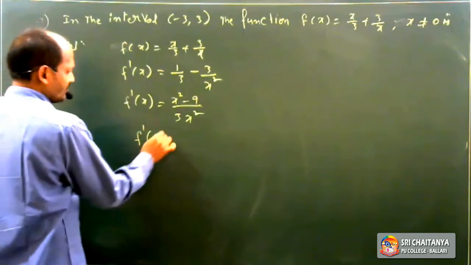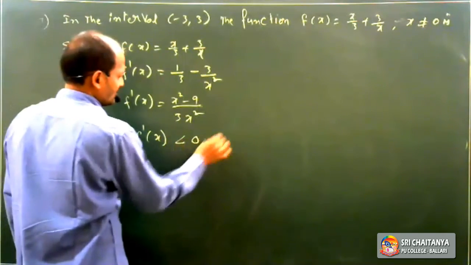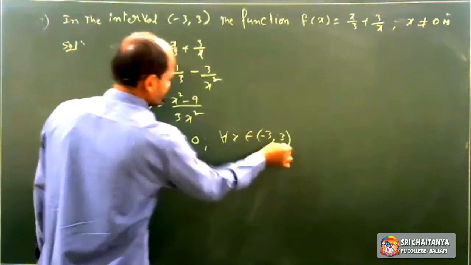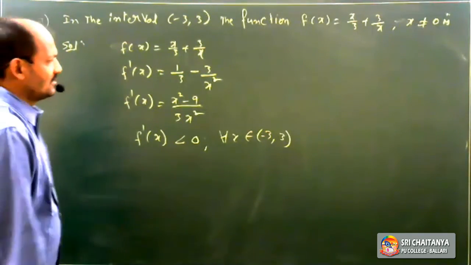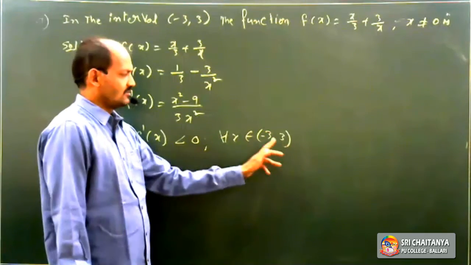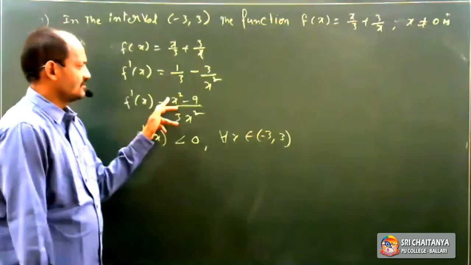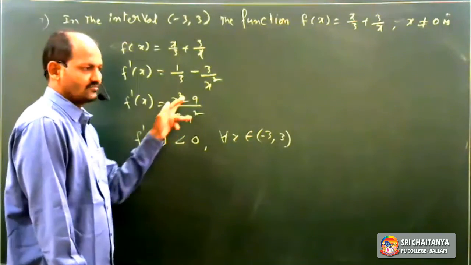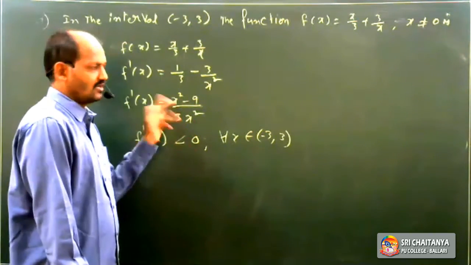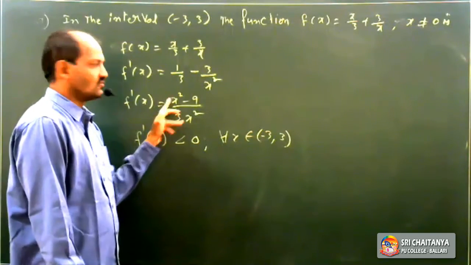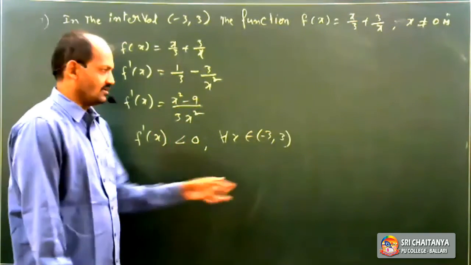Clearly f dash of x is less than 0 for all x belonging to minus 3 comma 3. For example, verify in between minus 3 and 3. Consider minus 2: minus 2 whole square means 4, 4 minus 9 is minus 5, so negative value. Consider minus 1: 1 minus 9, negative value.